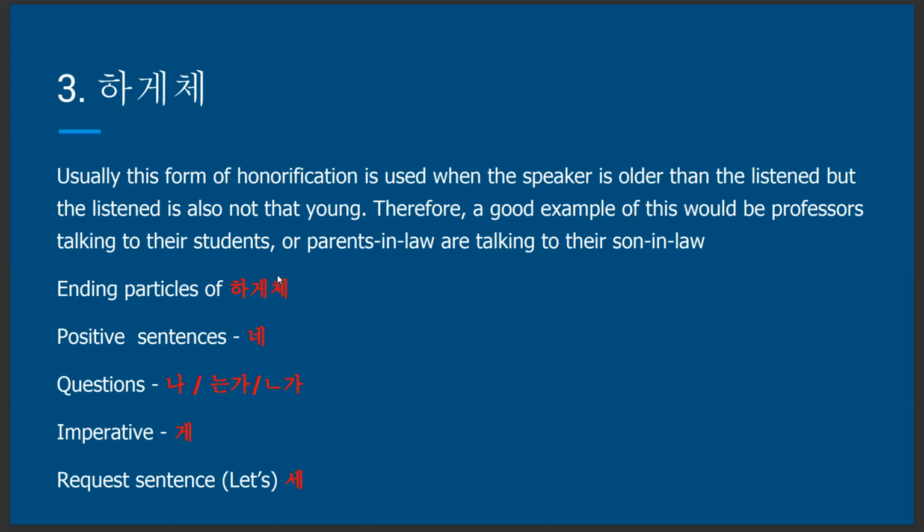Or another situation, your parents-in-law, for example, can use this level of honorification to their sons-in-law. So ending sentences: 하겠지, like positive sentence 네, 나, 는가 in questions, 게 is imperative, and 세 in request sentence.